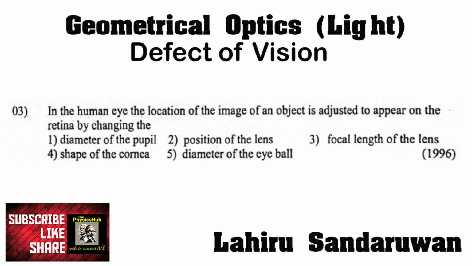In the human eye, the location of the image of an object is adjusted to appear on the retina by changing the focal length of the lens.